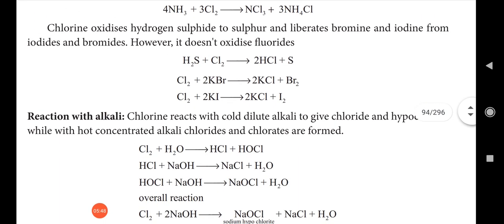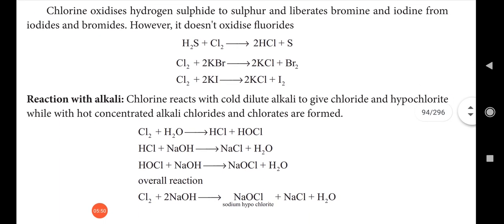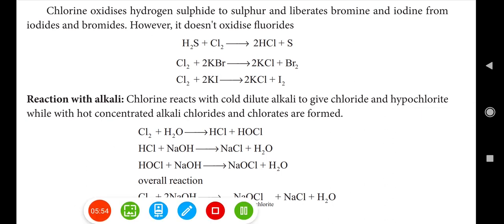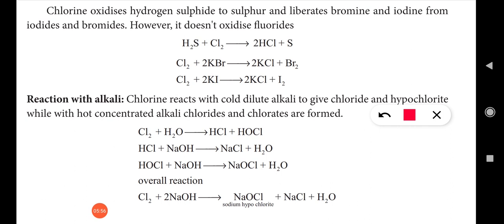Chlorine can act as an oxidizing agent. Chlorine oxidizes hydrogen sulfide to sulfur and liberates bromine and iodine from bromides and iodides. Any iodide or bromide can be oxidized to bromine or iodine by chlorine.